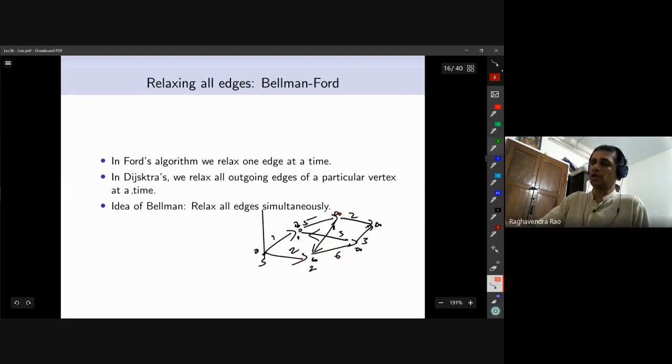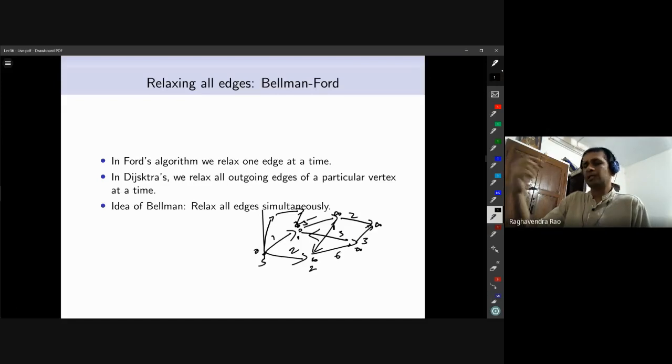There could be a shorter path to this node through some other edge coming in, but at least their values get updated. Since any path has at most n minus 1 edges, Bellman observed that if you repeat this n minus 1 times, it's more than enough.